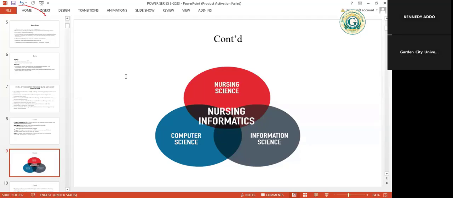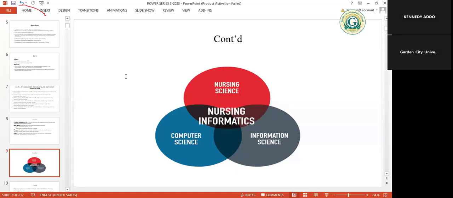So those of you who have some notion that once we talk about nursing informatics, the emphasis is only on computers, it is entirely not right.